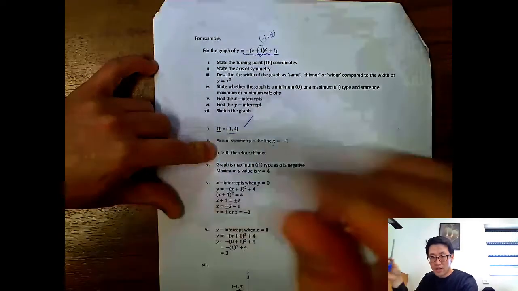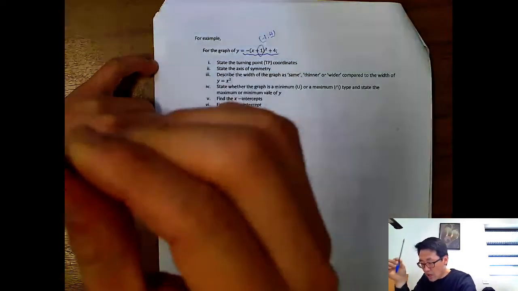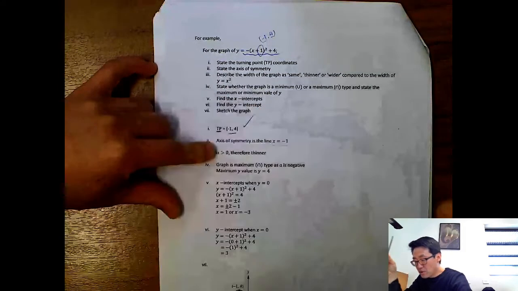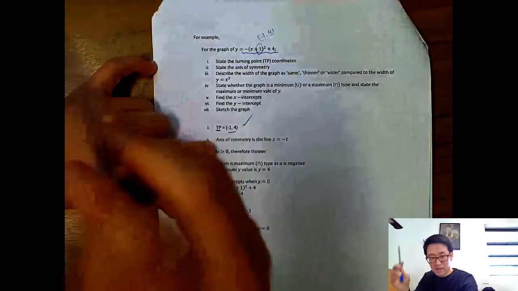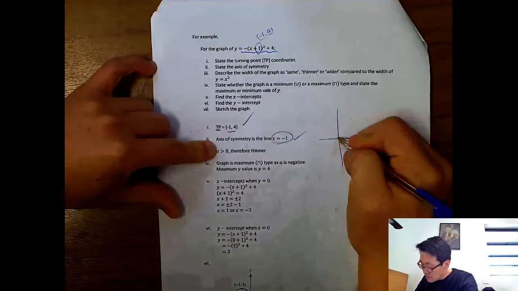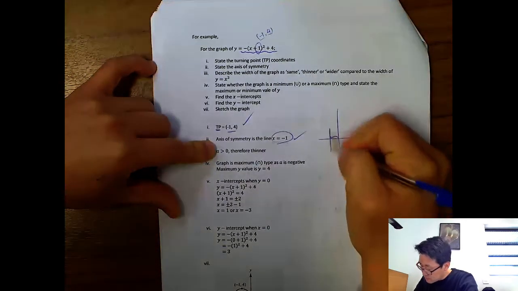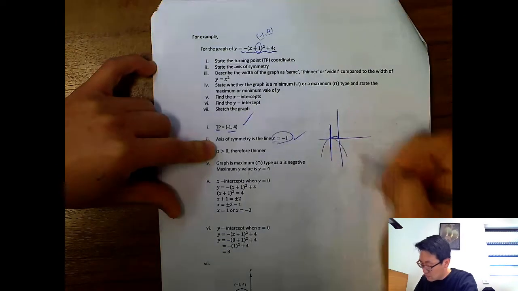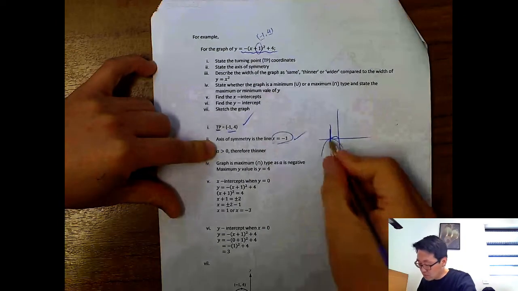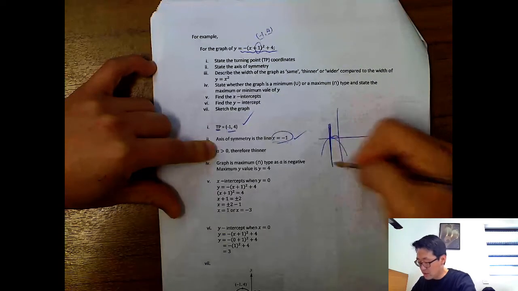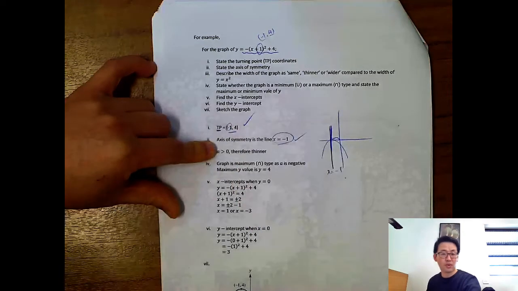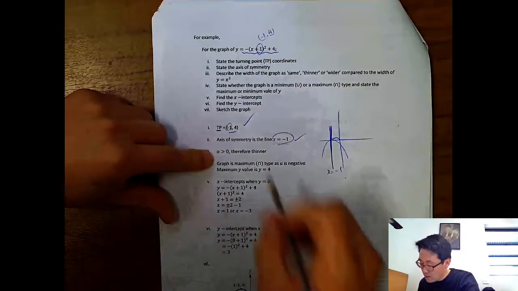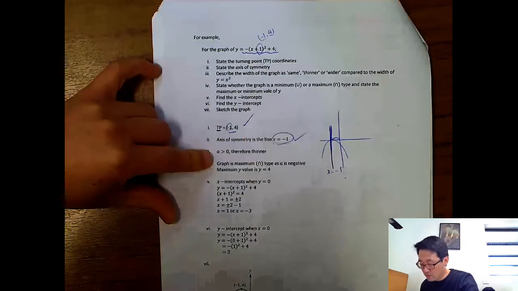How much does x move? x is now moved to plus 1, which is negative 1. So the axis of symmetry is x equals negative 1. I didn't draw that one, but it moves negative 1, the same as this turning point. Good.